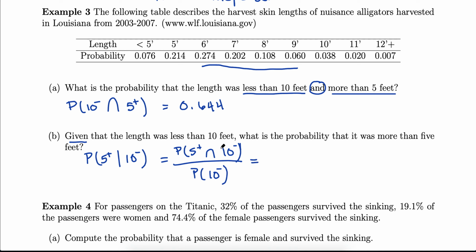The numerator we just found in part A, there's our 0.644. Our denominator, 10 minus, would represent all of these lengths that are strictly less than 10 feet. So if you add all of these probabilities up, that's my given group. That should give you 0.934.